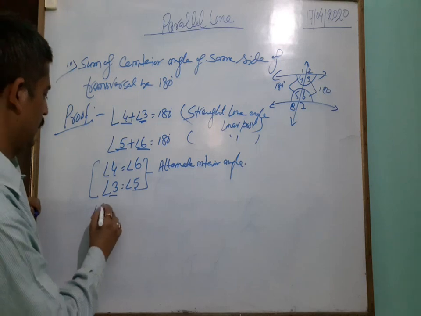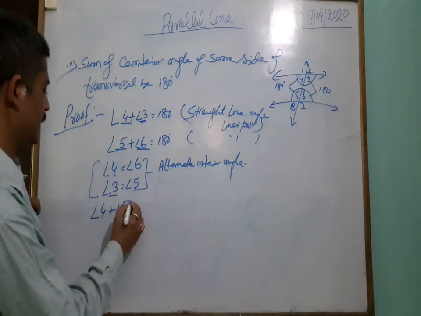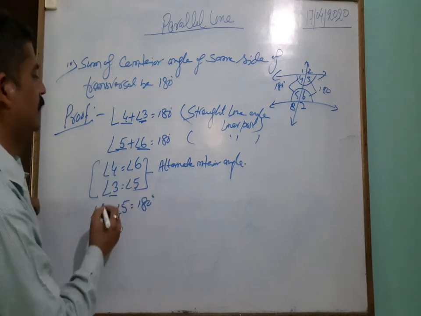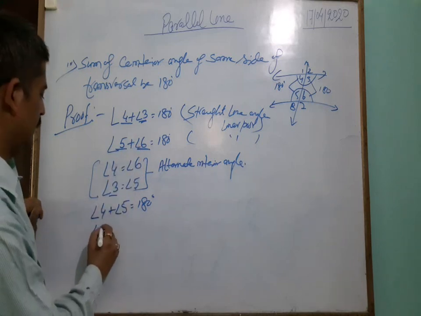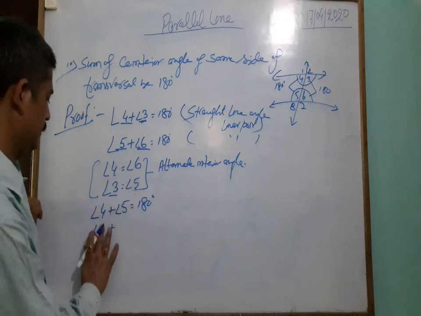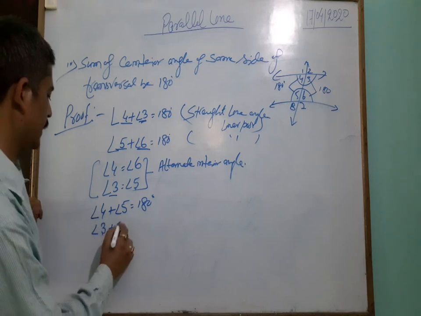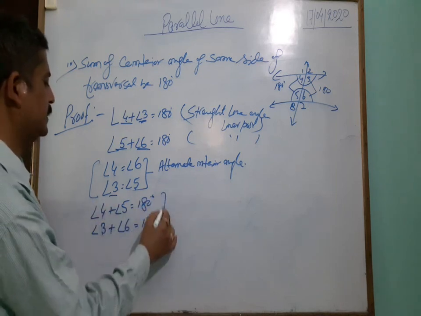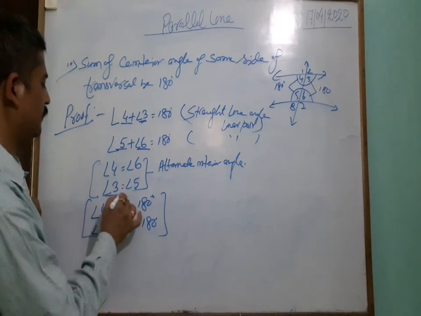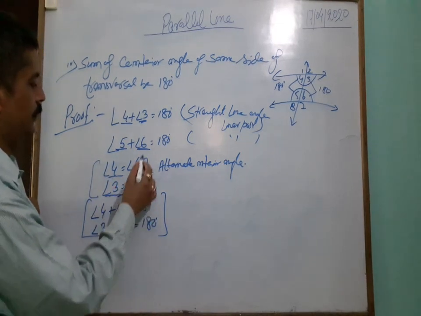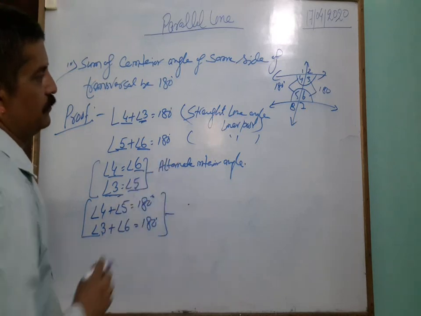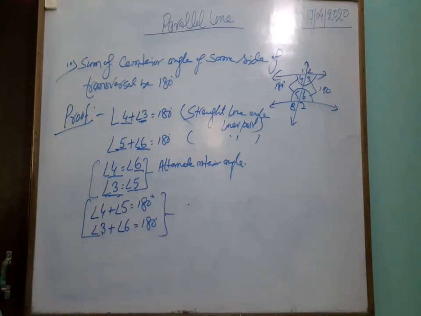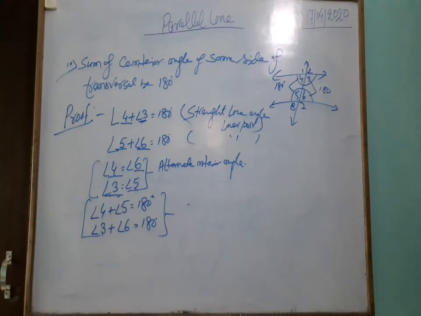Angle 4 plus angle 5 is equal to 180 degrees, or angle 6 plus angle 3 is also equal to 180, because we substitute the values for each other. So we prove that the sum of the co-interior angles on the same side is 180.